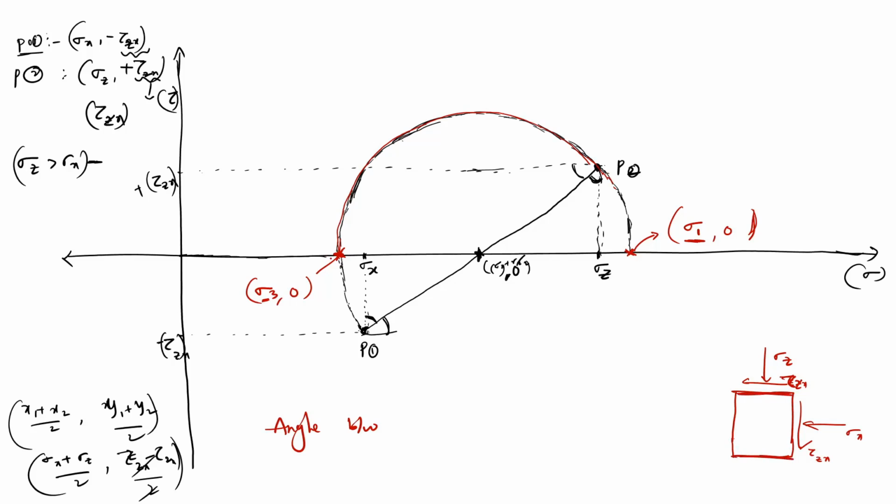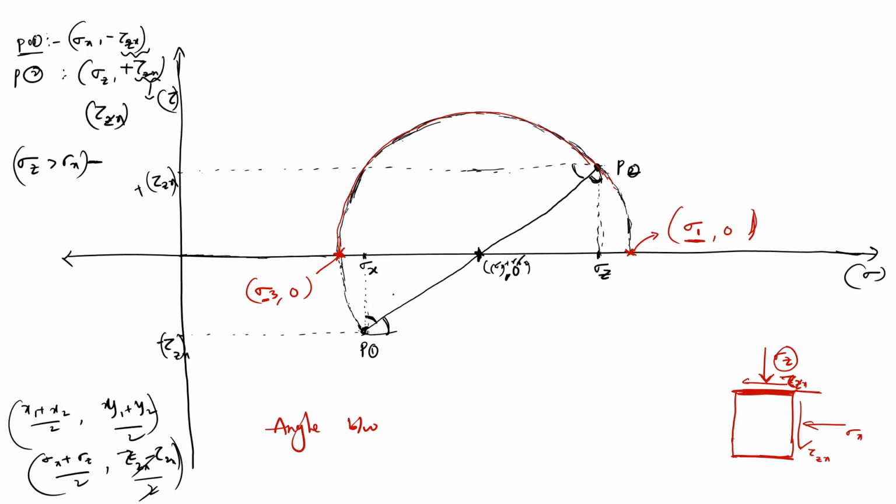Here we will first draw the pole. After drawing the pole, we can understand what is the horizontal plane and what is the major principal plane. How to draw the pole? First take the known stresses. Where is sigma z acting? Sigma z is acting on the horizontal plane.